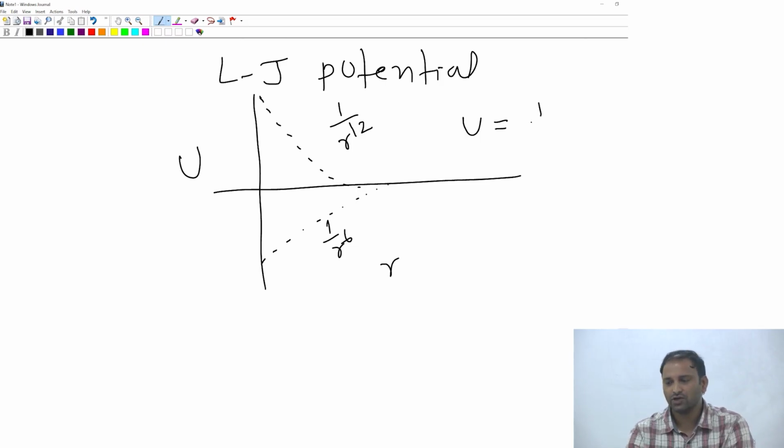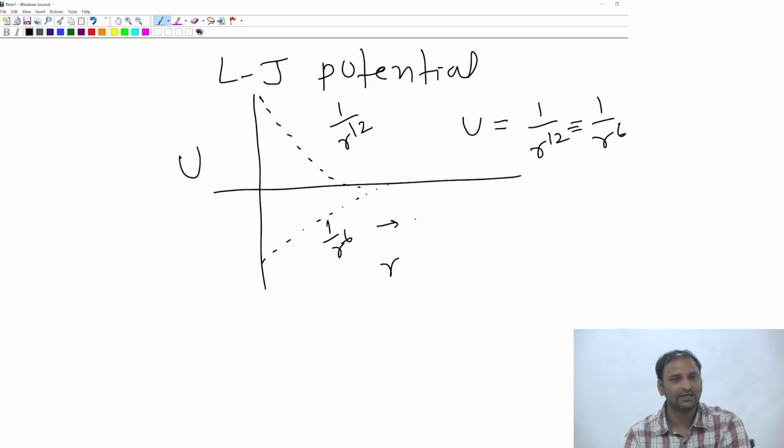So the total potential U is 1 over r^12 minus 1 over r^6, and negative because it's an attractive force; negative is attractive.